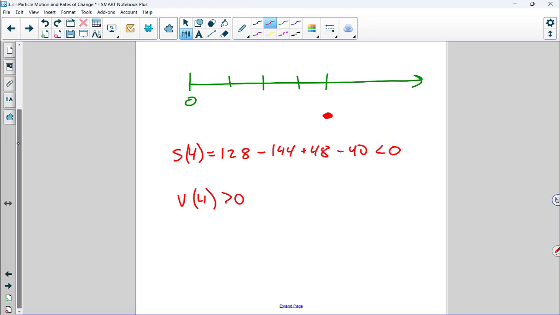That means that the particle's distance to the origin is decreasing because we have a disagreement in the velocity and the position. So that means our distance is decreasing.